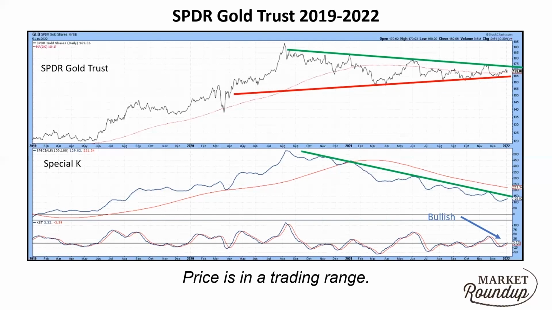Well, the weakness that came in at the beginning of the year, in combination with the weakness in the stock market, certainly shows that from a Wyckoff perspective, there's a lot of supply out there. And so it really is at a near a support level that it needs to hold.